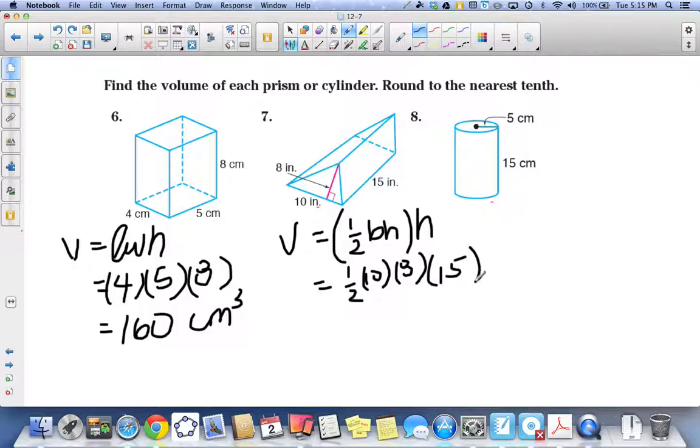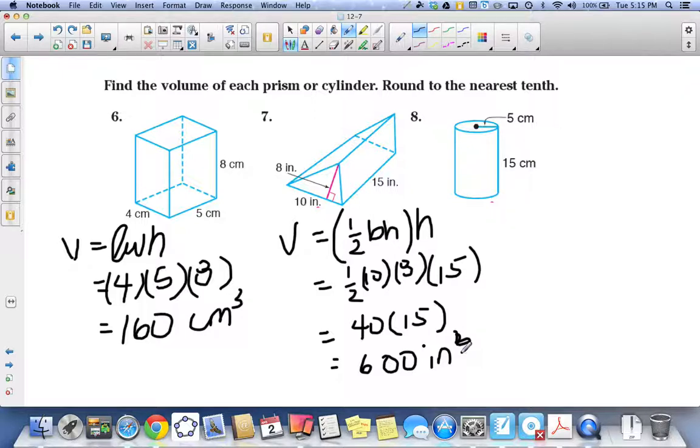So you have 1/2 times 10 is 5, 5 times 8 is 40. You're multiplying now 40 times 15, or simply 600 square inches. Sorry, not square, cubic inches.